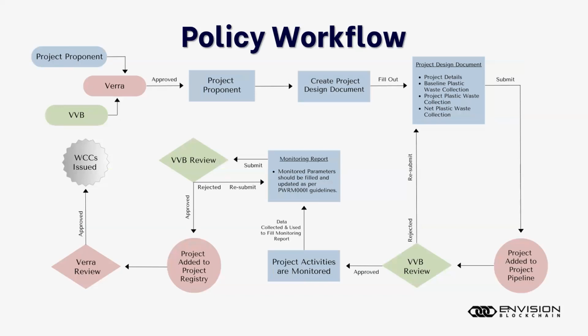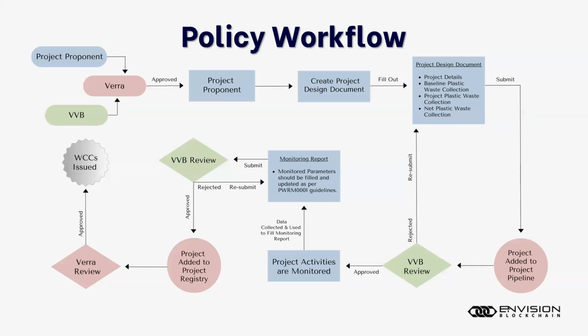So they'll be filling out things like the project details, the baseline plastic waste collection, project plastic waste collection, and the net plastic waste collection information that's needed. Then they can go ahead and submit that, and Verra will go ahead and add the project to the project pipeline. Then the VVB can review, so they can either approve or reject this.